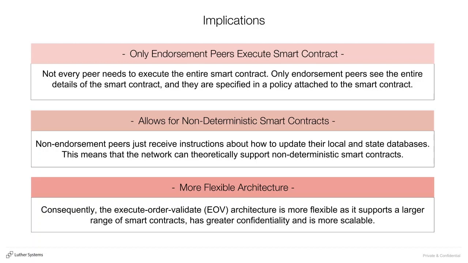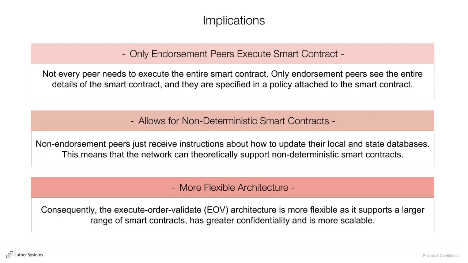It would generate a random number. Maybe it writes a random number to the database. Hossein sends David back the endorsement response and the result of executing the smart contract, that random number that he generated, and then David has all the signatures he needs. He doesn't need any other peers to validate it.